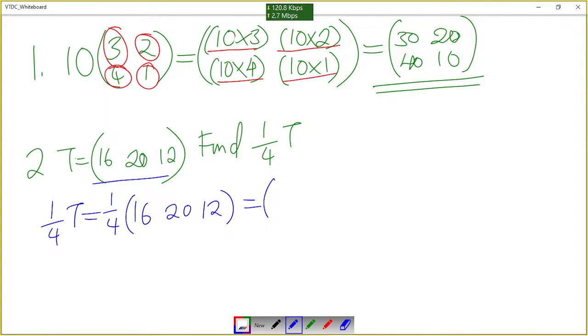So we are going to open another bracket inside. Then we say 1 over 4 times 16, close bracket. Again, we open bracket. We say 1 over 4 times 20. Then we close bracket. Then we open bracket. We say 1 over 4 times 12.